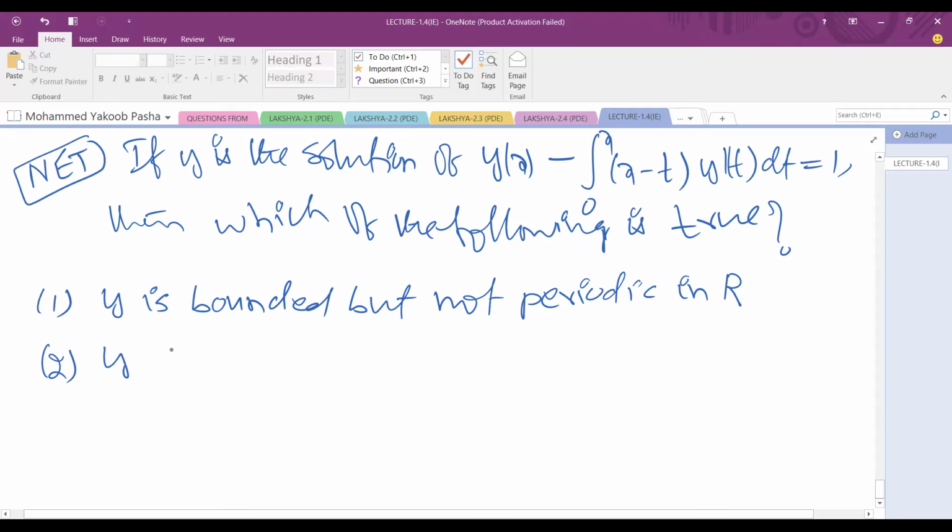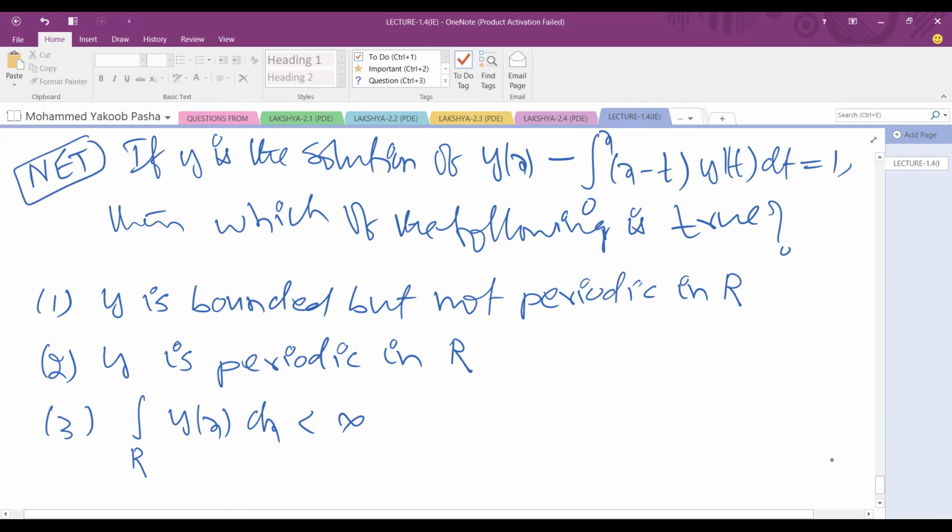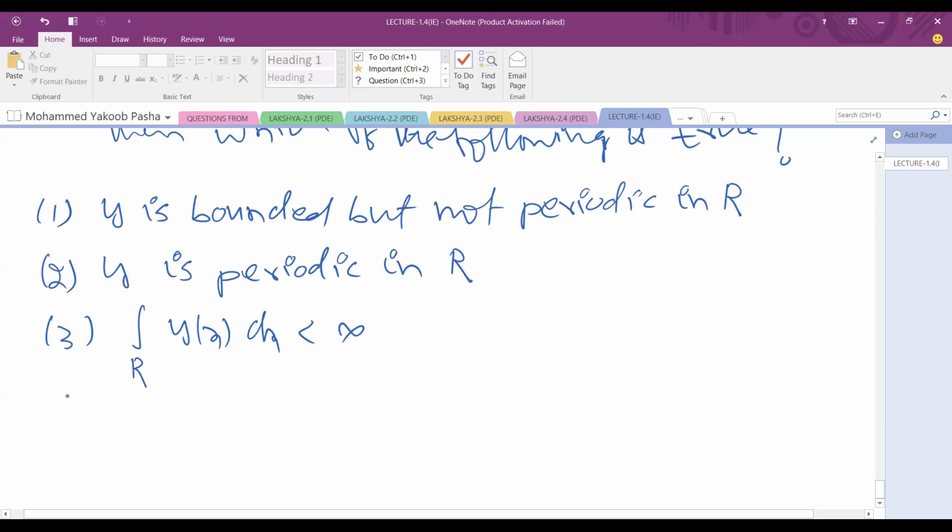Second option, Y is periodic in R. Third option, integral over R of y of x dx is less than infinity, and integral over R of dx by y of x is less than infinity. These are the four options we have.